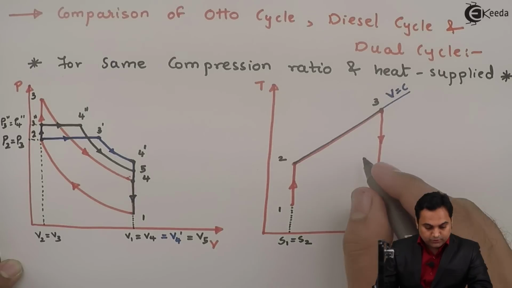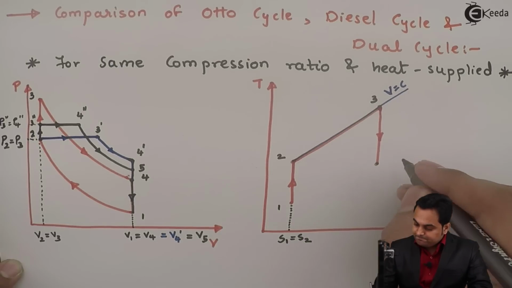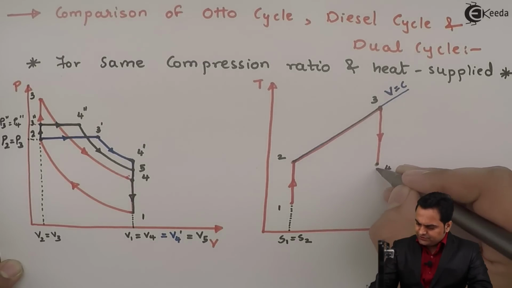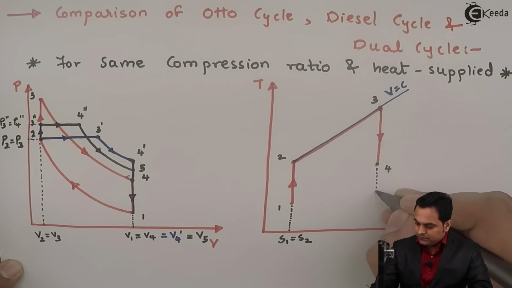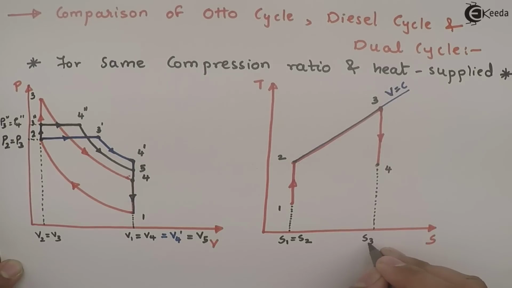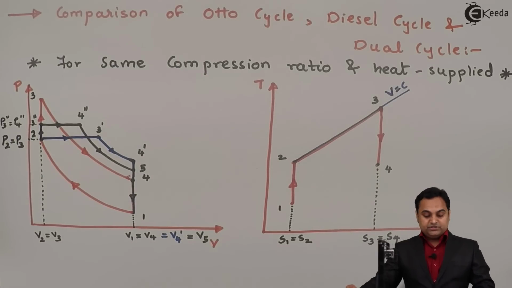So 3 to 4, that is isentropic expansion, and here the entropy S3 is equal to entropy S4 because it is constant entropy process.